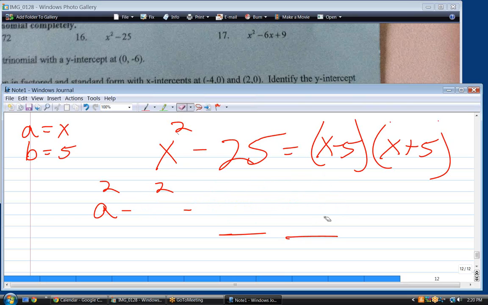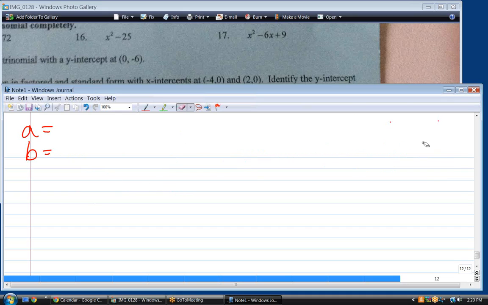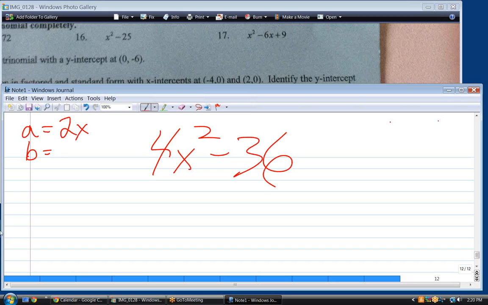Let's do another one. These are so important that we need to do more than one. What's a? What's b? It would be just 2x.